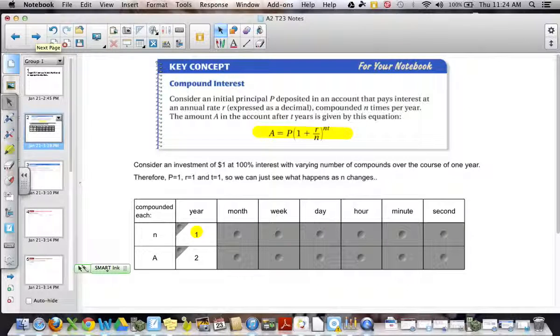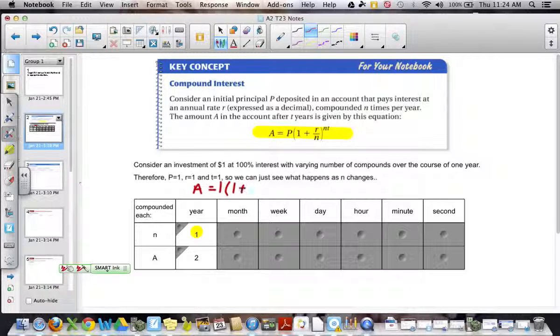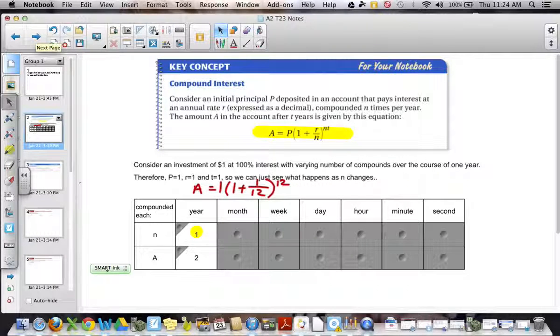Now, if we increase that to compounding once per month, our formula is A equals 1 times (1 plus 1 divided by 12) to the 12th power. That gives us a value at the end of that year of 2.613. So a fair amount of increase just compounding by month instead of by year.